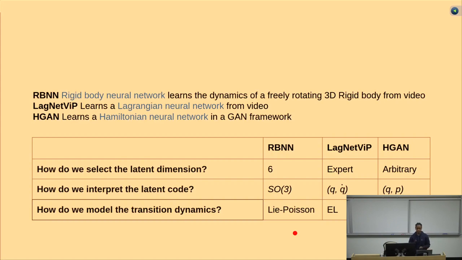In LogNet VIP, we assume knowledge of the configuration dimension, but not its structure. That's something that we learn. And we use the Euler-Lagrange equations to model the dynamics. And in Hamiltonian GAN, we assume that we don't know anything about the configuration space, not its dimension or its structure, and we try to learn both of those things. And we model the dynamics with Hamilton's equations.